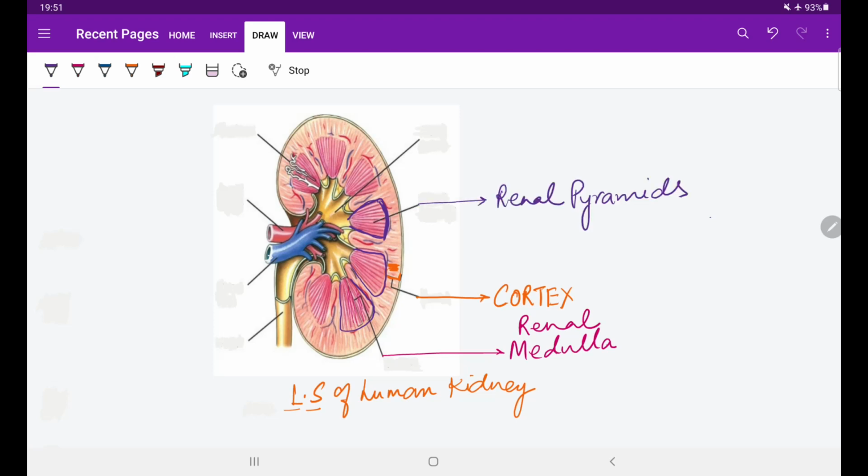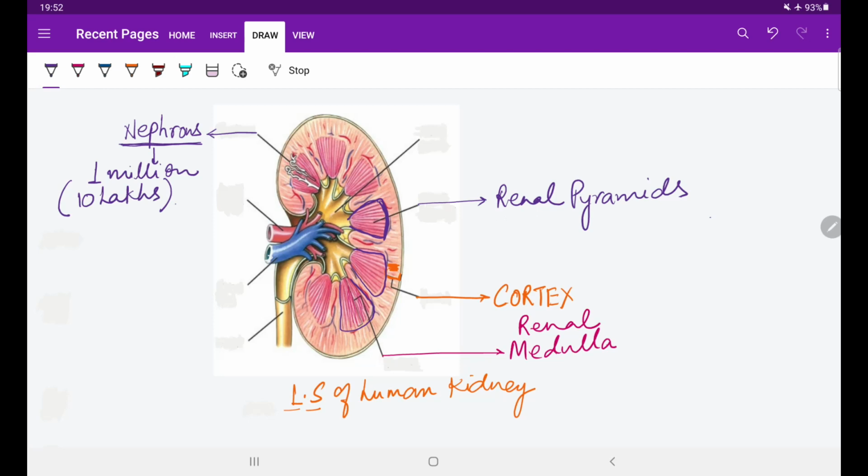Each renal pyramid contains a set of structural and functional units of the human kidney, which you very well know: the nephrons. The number of nephrons present in each kidney is 1 million, or 10 lakh per kidney.